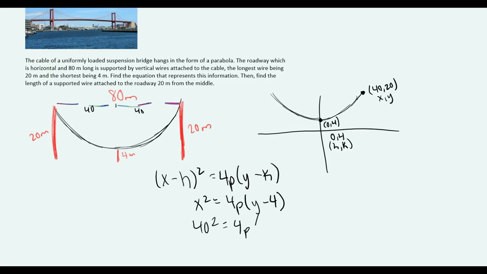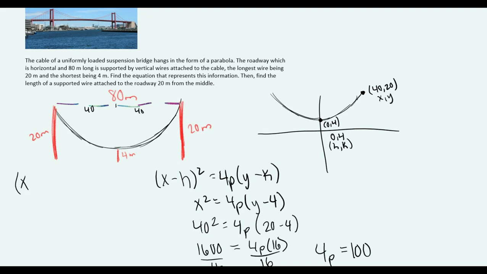Plugging in, I get 1600 equals 4p times 16. I can divide off the 16 so that I know what 4p equals. So 4p equals 100. I want to write the equation that represents this information, so my equation would be x squared equals 100 times y minus 4.